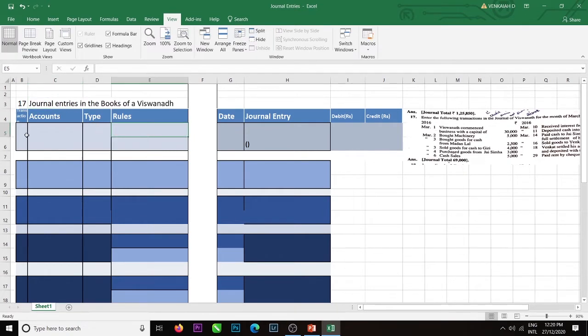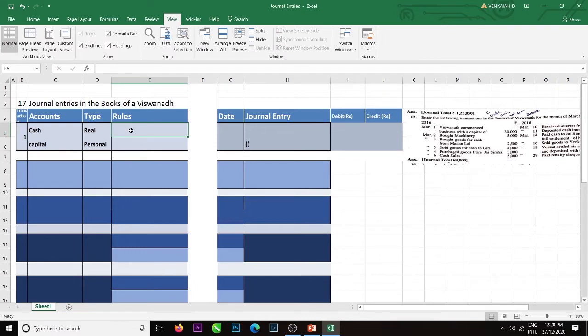Right. So transaction 1. Vishwanath started business, which means he brought cash and his capital. Cash is a real type account. Capital is a personal account, Vishwanath capital, personal.